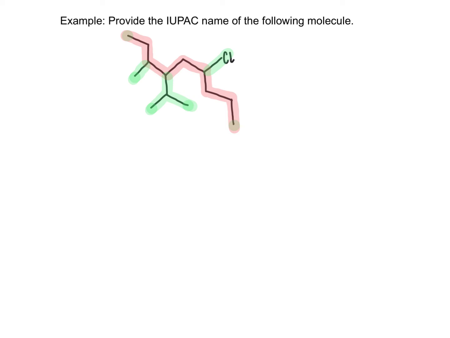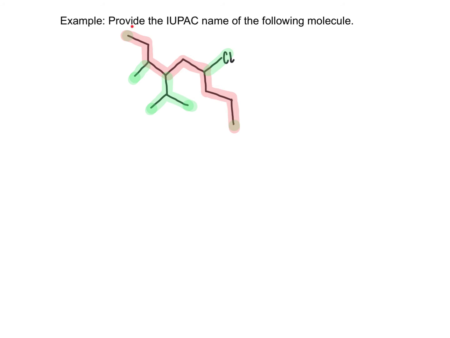Taking a look at our branches, we number the carbon chain in pink, our parent chain, based on which end, here or here, would we arrive at a branch first. Here would be first position, second position, third position, there's a branch. If we start from this end, it'd be first position, second position, third position, fourth position is where there's a branch.